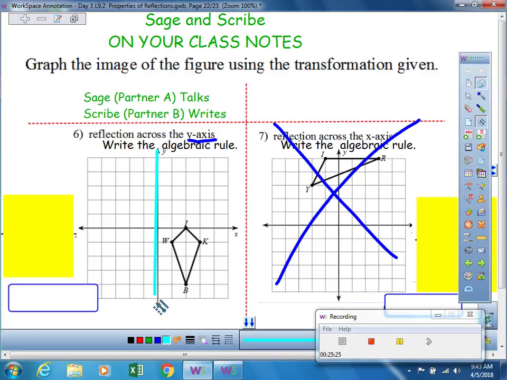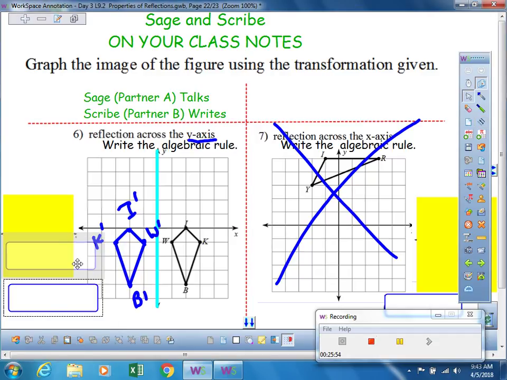Okay, you're going across the y, and it should look like that. Your algebraic rule should look like that.